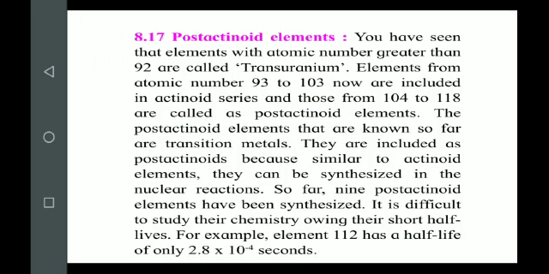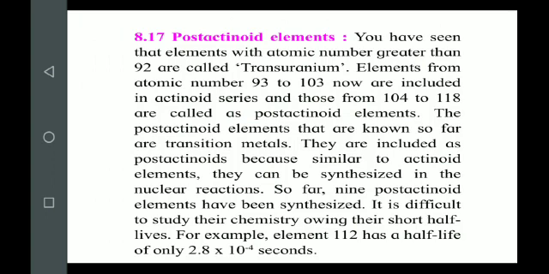Before the formation of this f-block series, the elements which we knew after uranium, whose atomic number is 92, were called trans-uranium elements. So after uranium, whatever elements are present in the actinoid series can be termed trans-uranium elements.